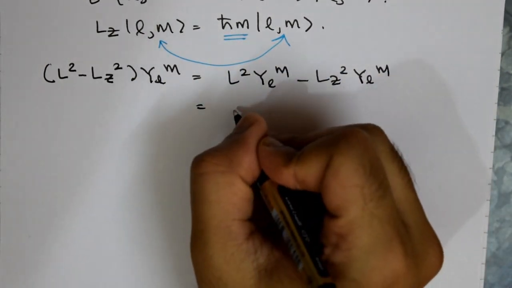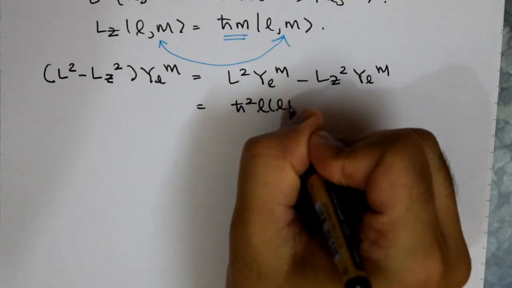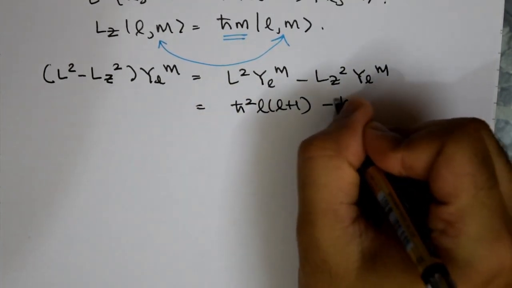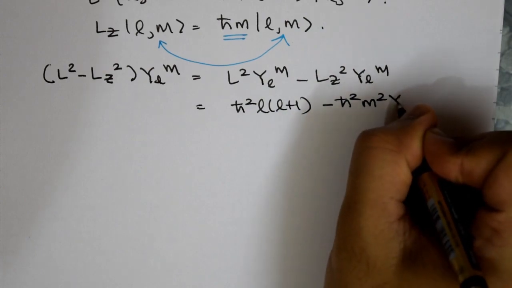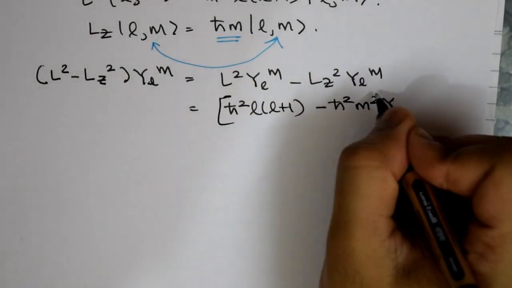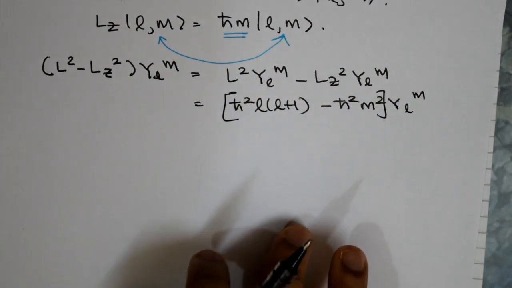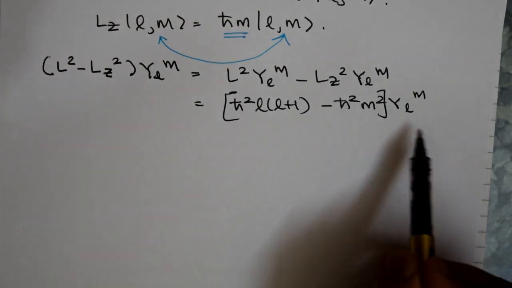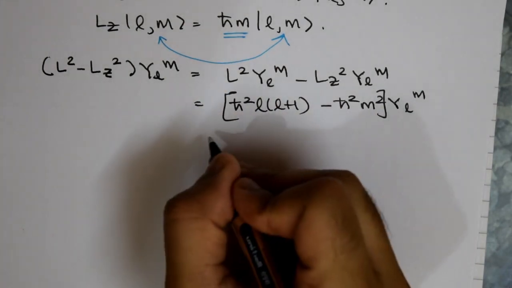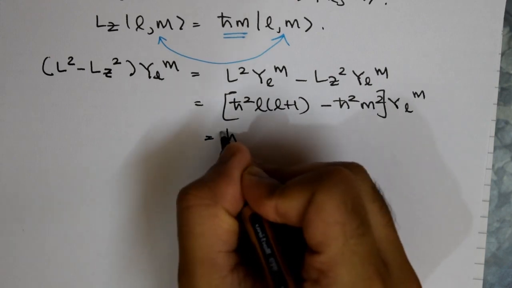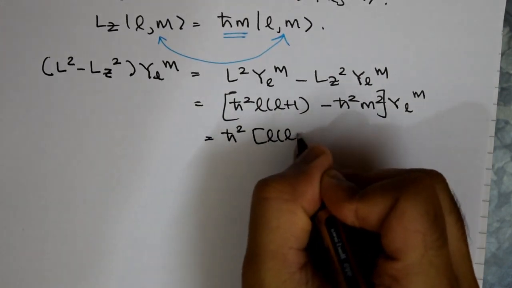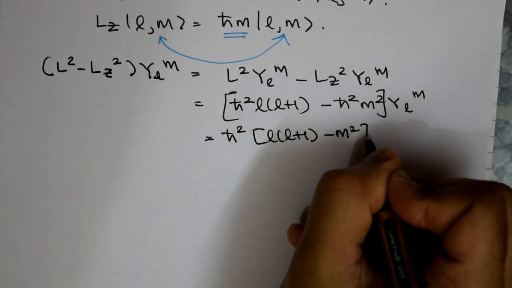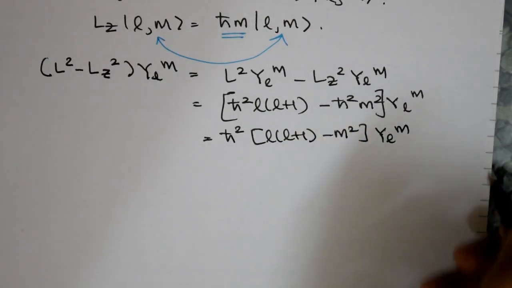And this is nothing but ħ squared l(l+1) minus ħ squared m squared, the whole bracket, times Y_lm. Luckily L squared and Lz commute, so they will give the same thing back. So this is going to be equal to ħ squared [l(l+1) minus m squared] Y_lm.